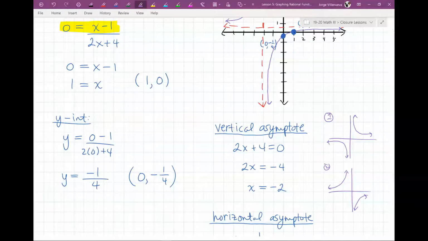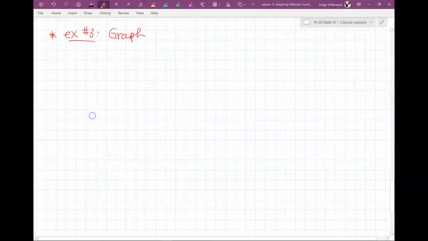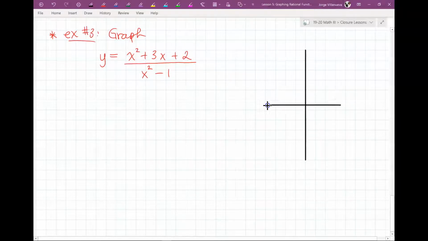All right, last example. So we're going to get y equal to x squared plus 3x plus 2 divided by x squared minus 1. Okay, so let me set up a graph here for us.